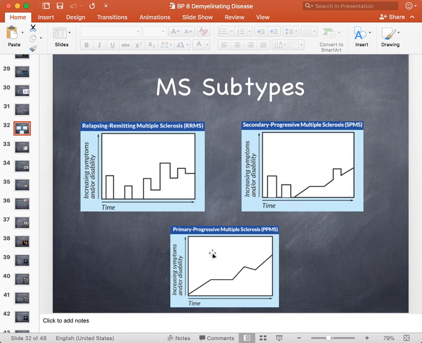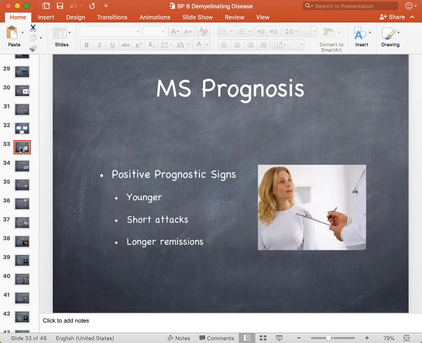In general, the prognosis is better if you're younger. Conventional wisdom makes sense that the shorter the attack is, the more likely you are to have a good recovery. The longer the remissions, all the better. What do we do?